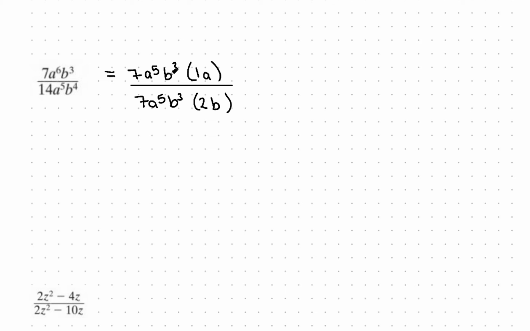Again, when we have a fraction, this part is actually dividing into that. And if you have this being multiplied by it and then it's being divided in on the bottom, they're undoing each other. So they're going to drop out. It's as if we never dealt with them. What we're left with then is a all over 2b.